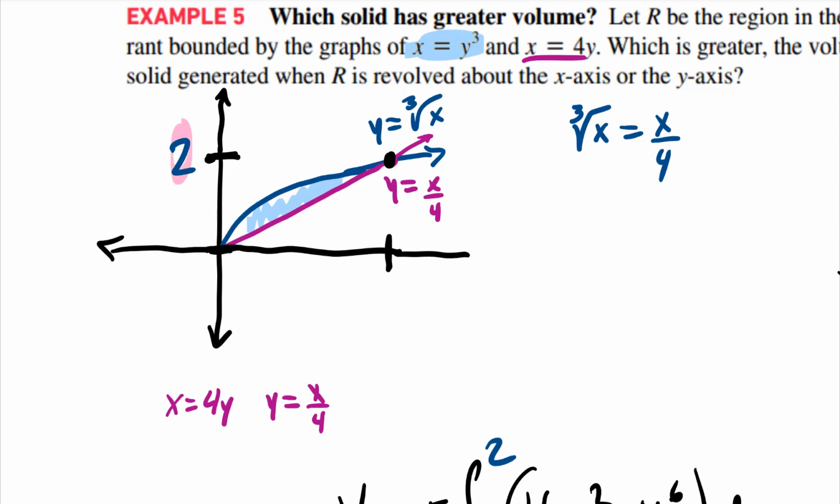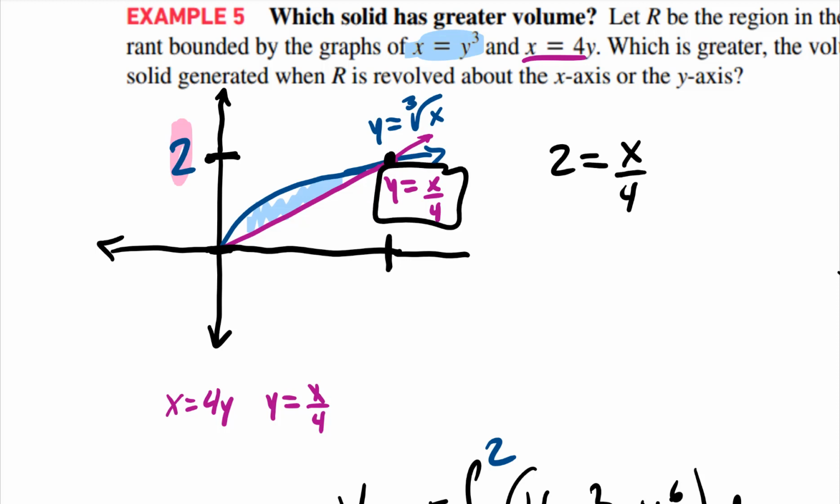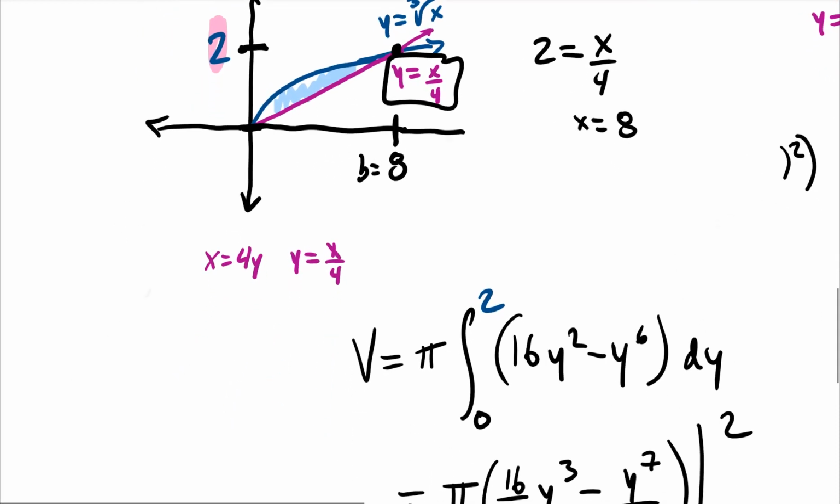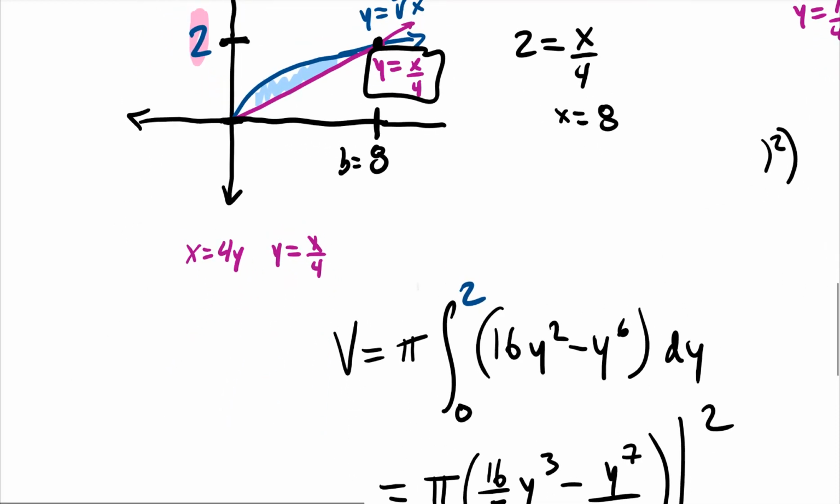Don't we know that y is equal to 2? We know the point of intersection where y is equal to 2, so let's use some logic. Let's use this one: 2 is equal to x over 4. Multiply by 4 on both sides and we find that x is equal to 8, or our b value is equal to 8. I think that's much better than trying to set x over 4 equal to the cube root of x. You're going to get your answer, but it's a lot more work, and I'm all about efficiency.